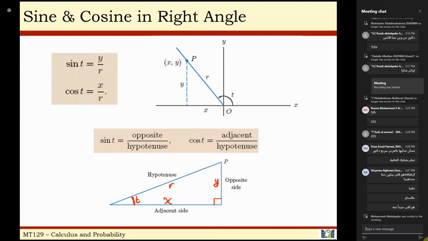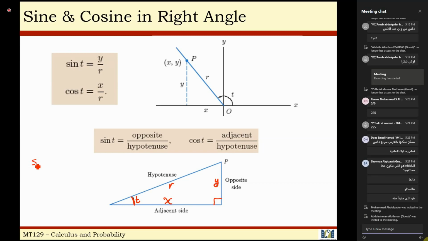If we need to find the sine of t, this is called opposite over hypotenuse. The opposite is y, over the hypotenuse, which is the side opposite the right angle, r.